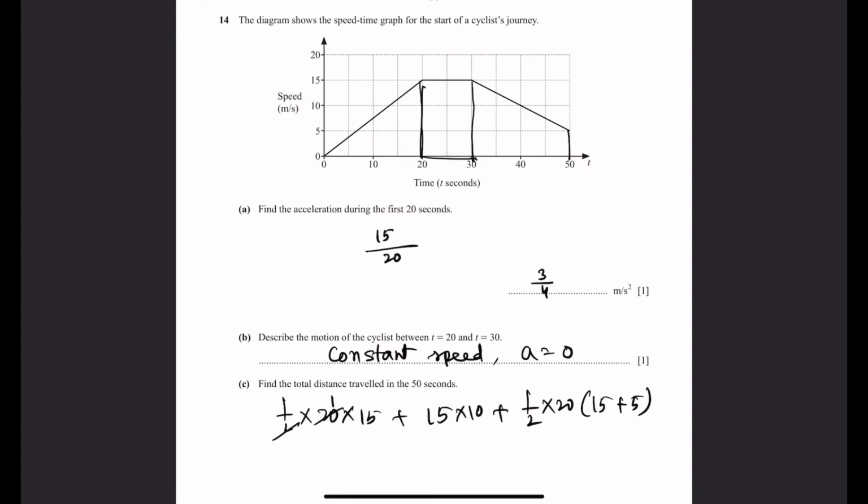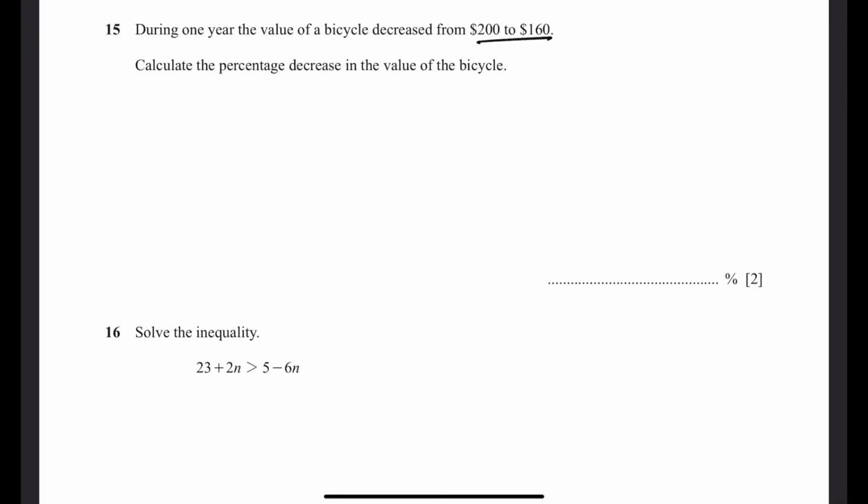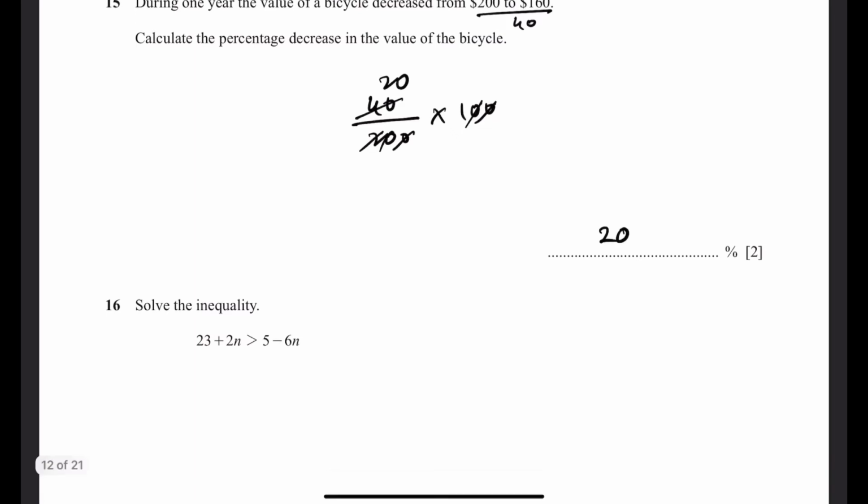That means 150 plus 150. It decreased by 40, so 40 by original price 200, into 100%. So this is 20%.